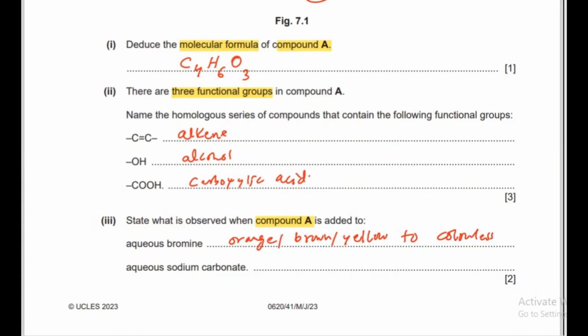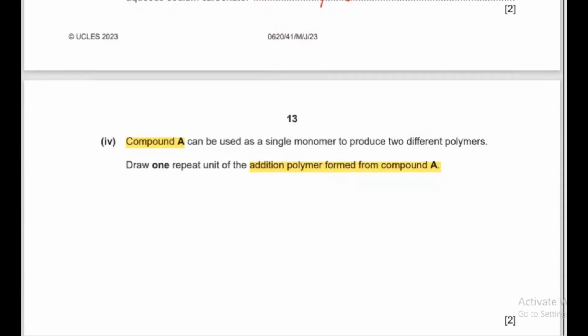Since the carboxylic acid is there, sodium carbonate reacts with the carboxylic acid to form carbon dioxide, so A will also produce bubbles, or effervescence, of carbon dioxide. And if we add another alcohol, that can also give us an ester, a sweet smelling compound.